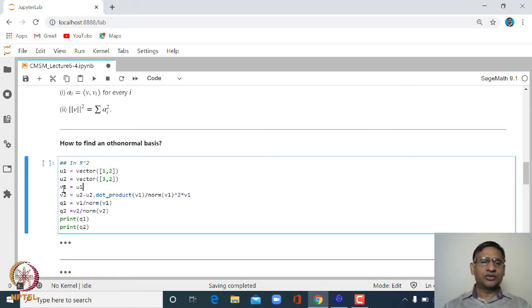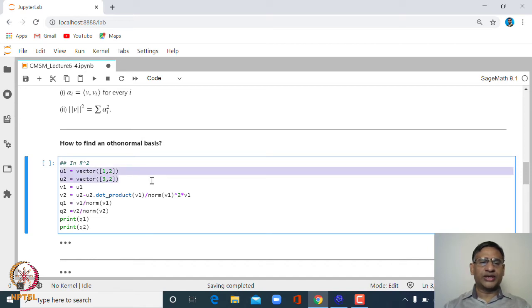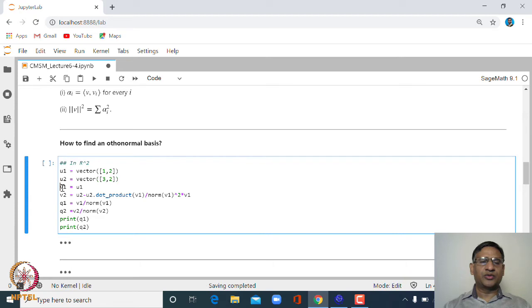We have seen that when we take the orthogonal projection of a vector onto another vector, that gives rise to a vector which is perpendicular to the given vector, right. So, we will use that idea. I have 2 vectors, let us say u1 and u2. Define v1 equal to u1, and for v2, from u2 you take out the orthogonal projection of u2 onto v1.